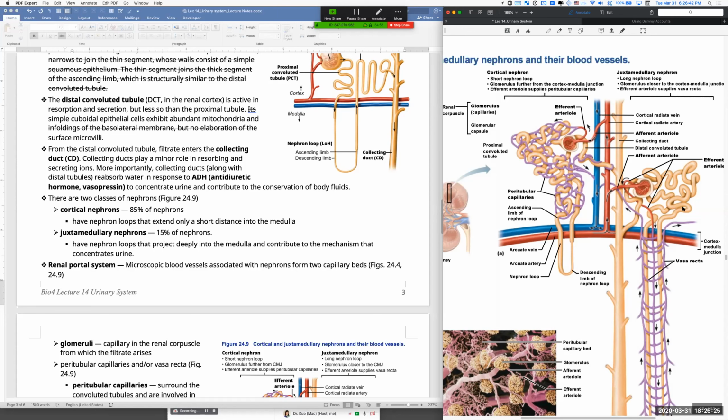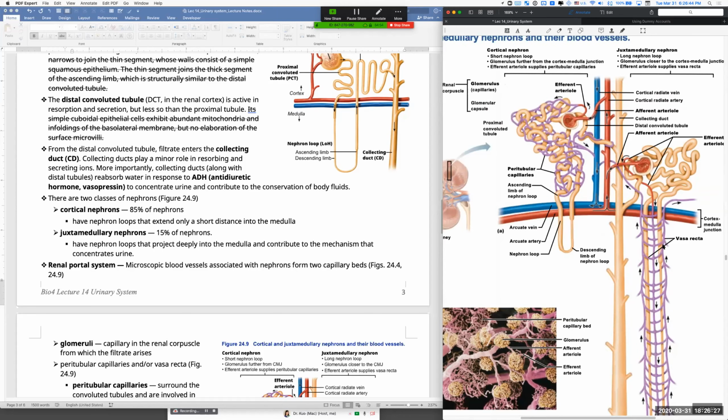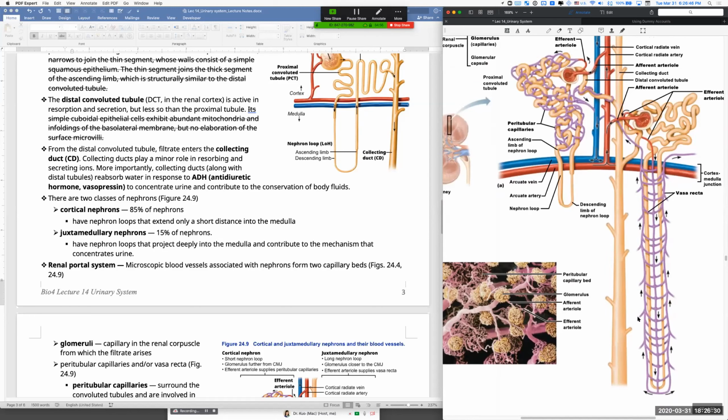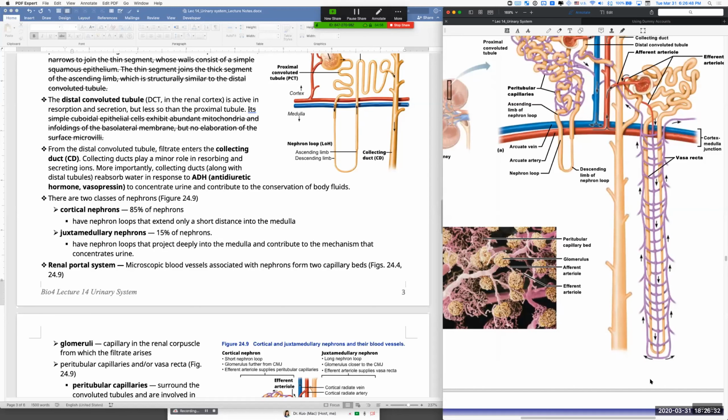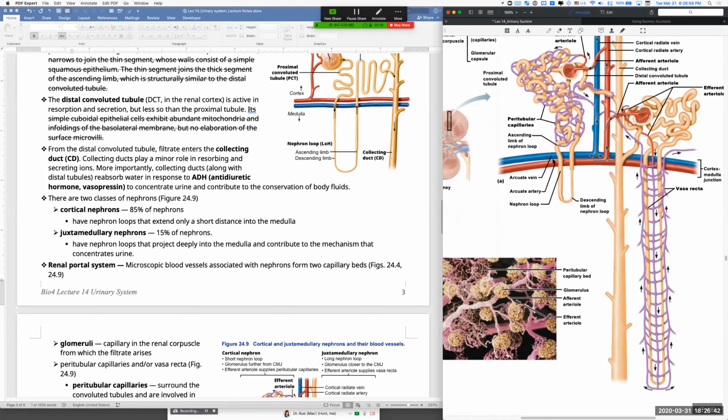A juxtamedullary nephron has a long loop of Henle that dips down into the renal medulla. You see here, a long loop of Henle. Even though the cortical nephron also has a loop of Henle that somewhat dips into the renal medulla, it dips in only slightly compared to this long loop of Henle.